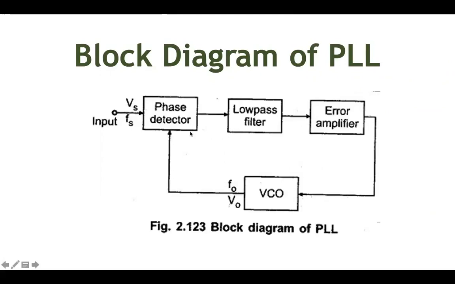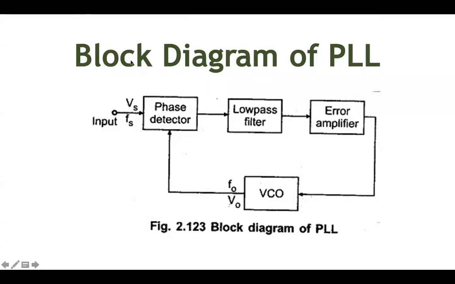Okay, wherein it has the phase detector at the input side, and then as it passes through the low pass filter, then I have some amplifier, okay, which actually takes care of the error. Now this error, as I told you, whenever we give a reference, just like how we saw in 555 timers, right? Whenever reference is given, it will check for the reference value and it will tell if it is proper or not.